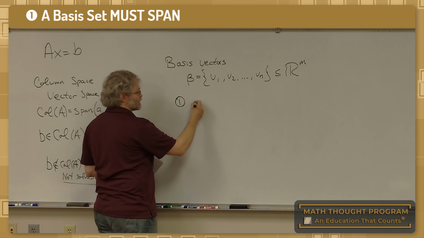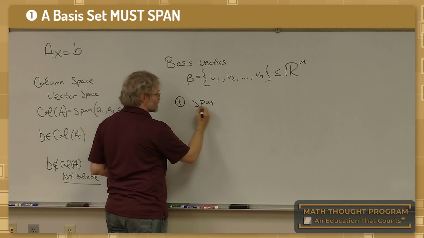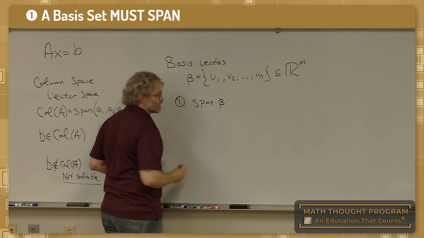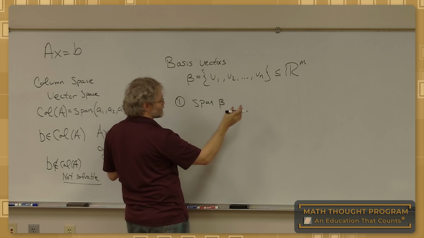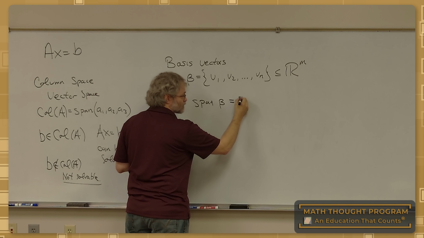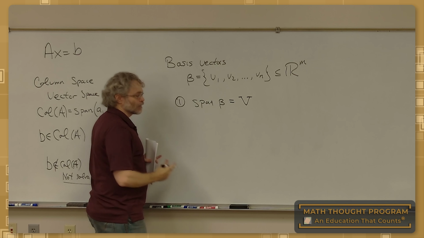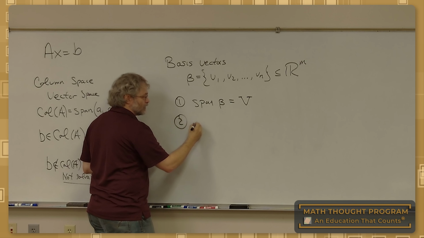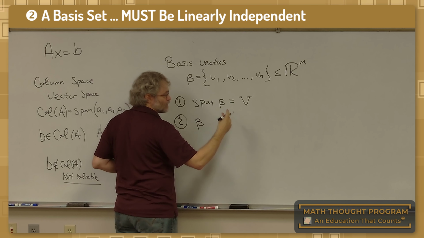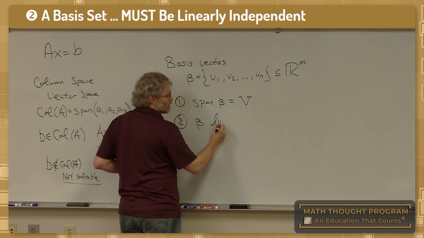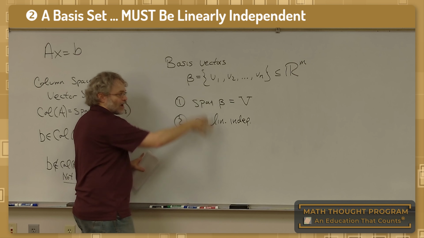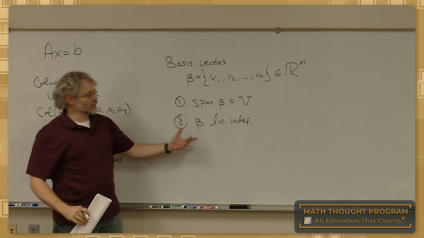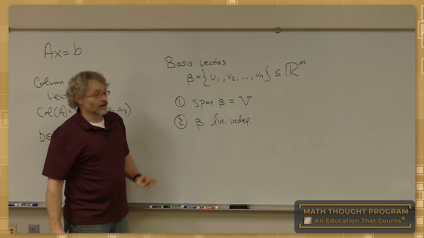The first thing is it needs to make sure that you can span that whole entire space. So the span of the basis vectors, and let's say it's for vector space B. And the other criteria is the basis set beta has to be linearly independent. If you don't have one of those, it's not going to be a basis for the space.